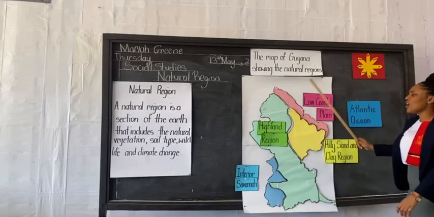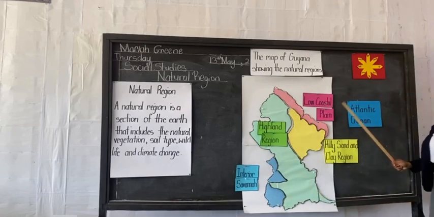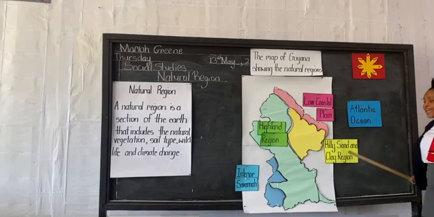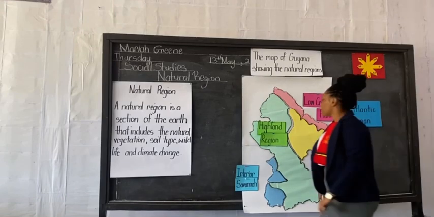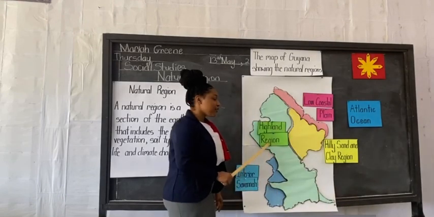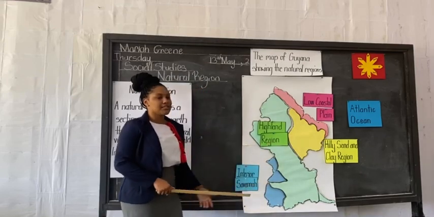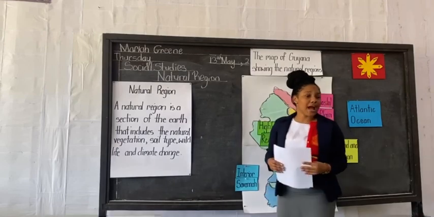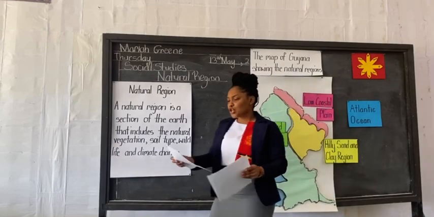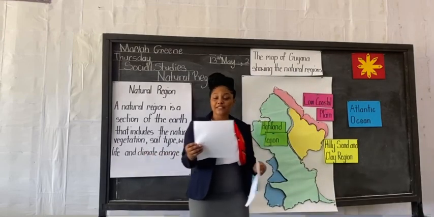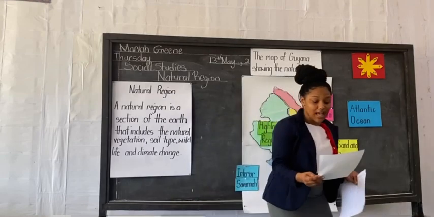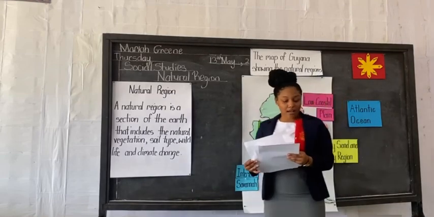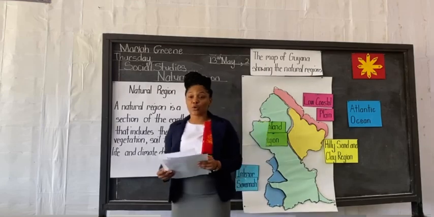So we did all of the natural regions, right? We did the low coastal plain, the hilly sand and clay region. We also did the highland region and the interior savanna. Okay, so after all of this, I'm going to give you an activity to do, right? So group A, you have to answer some questions and you have to shade the natural region in which you live.